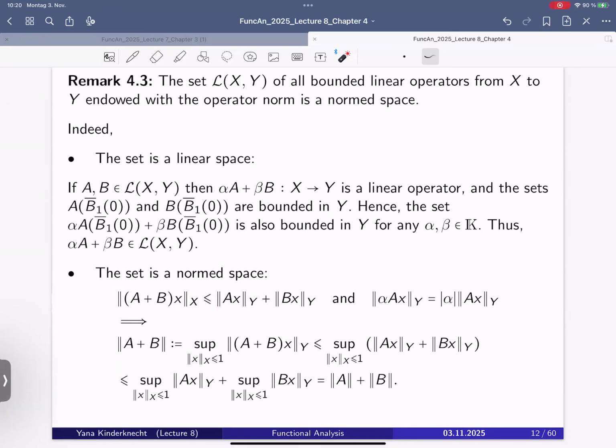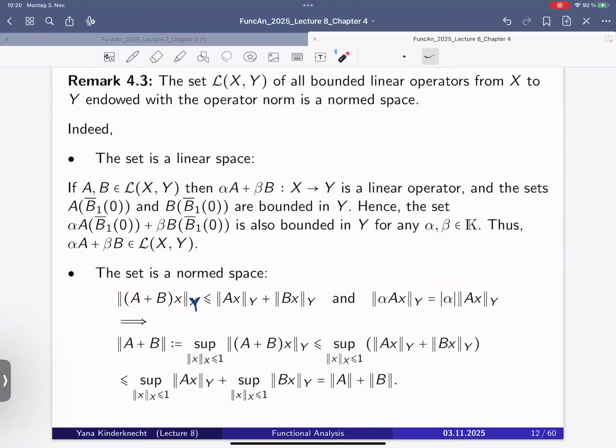Sorry, this is a typo, here should be Y. So the norm in Y is really a norm. That's why we can use the triangle inequality, and hence the norm of the sum AX plus BX is smaller or equal than the sum of the norms. And also, by the property of this norm, we can pull out scalars with absolute value. This also holds, since this is really a true norm.